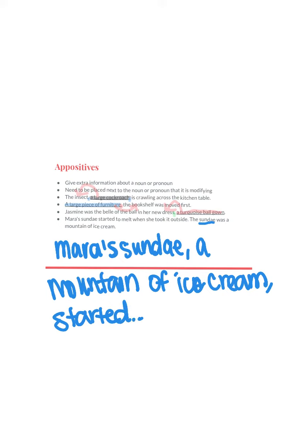Okay, so I have this. A mountain of ice cream is our appositive phrase, modifying the sundae. So you're going to practice this, combining sentences using appositive phrases. So just remember those rules. You should be fine.